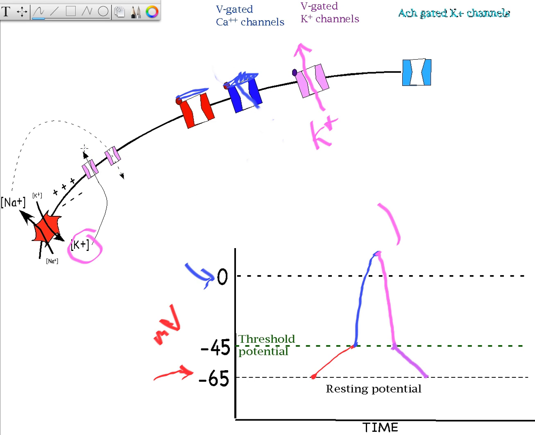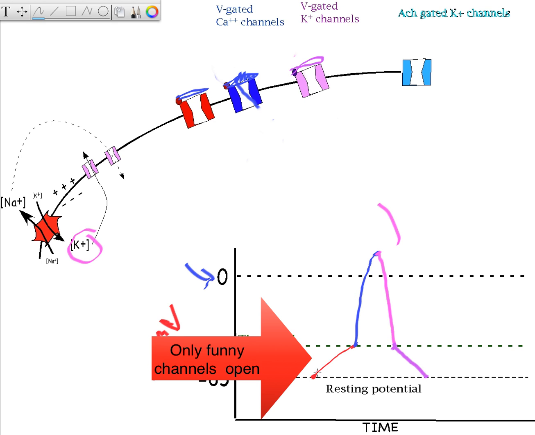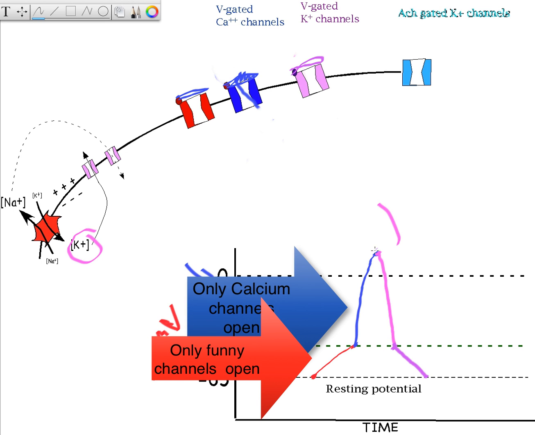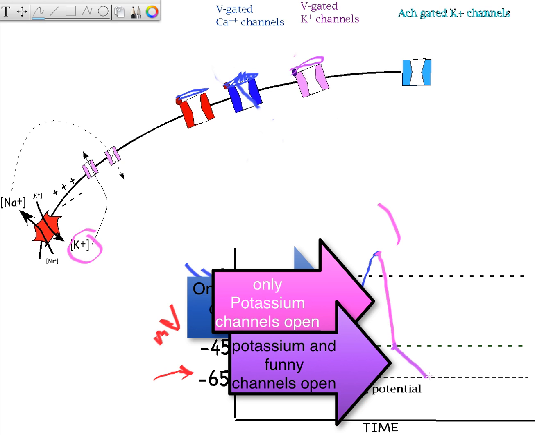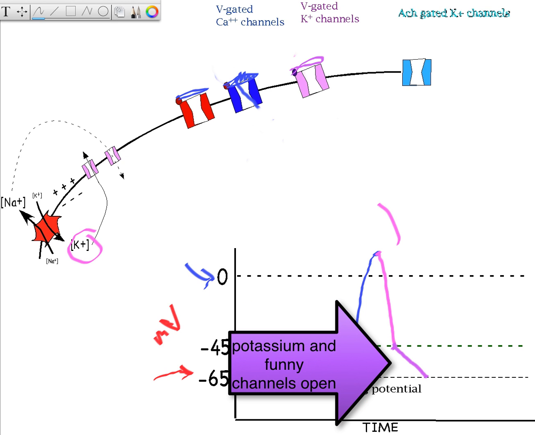So when you get back to resting potential, potassium stops leaving because the gates of these potassium channels have been closed. Okay, so funny channels open, calcium channels open, potassium channels open, potassium channels and funny channels open. And then you start over again, right?